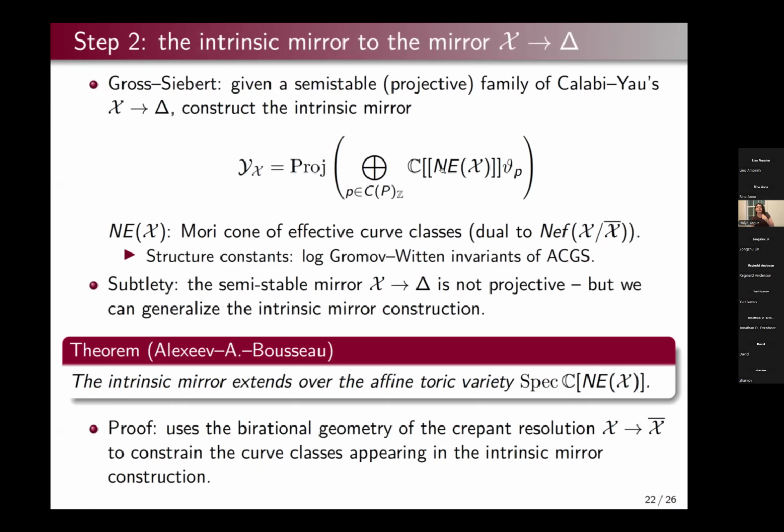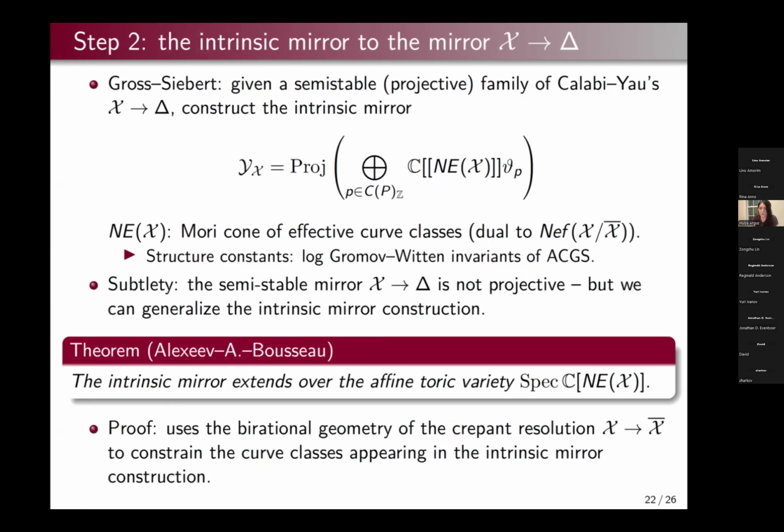in the monoid ring, where NE(X) here denotes the Mori cone, which is the cone of effective curve classes in X. So here I denote by NE(X) the monoid of integral points inside the cone of effective curve classes.